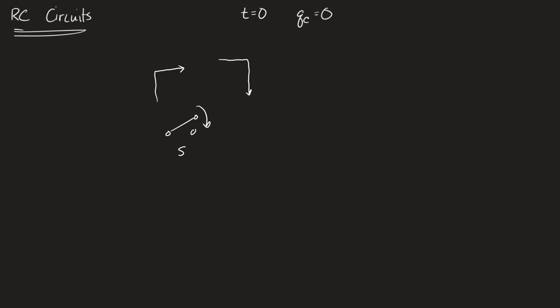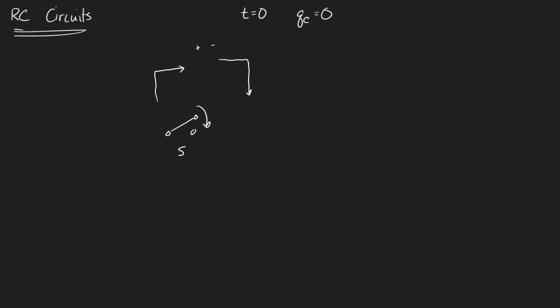Now, the moment you close the switch, that current becomes active. But after a few moments, charges begin to build up on the capacitor. This prevents the flow of more charges from moving through the circuit. The more charges that are on the capacitor, the fewer charges that can move through the circuit. So as the capacitor charges, the current in the circuit begins to drop until such time that the capacitor is fully charged.